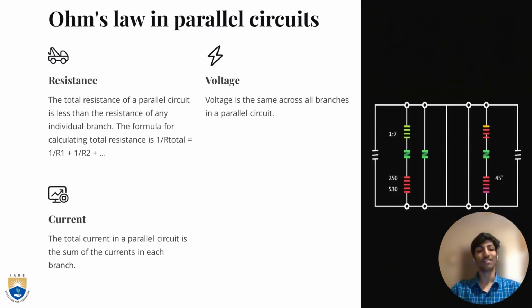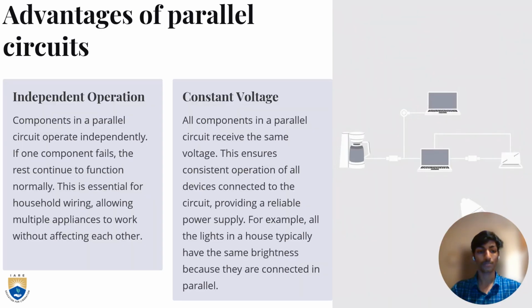Ohm's law in parallel circuits consists of resistance, voltage, and current. The total resistance of a parallel circuit is less than the resistance of any individual branch. The formula is 1 by R total equals 1 by R1 plus 1 by R2 and so on. The voltage is the same across all branches in a parallel circuit. The total current is the sum of the current in each branch.